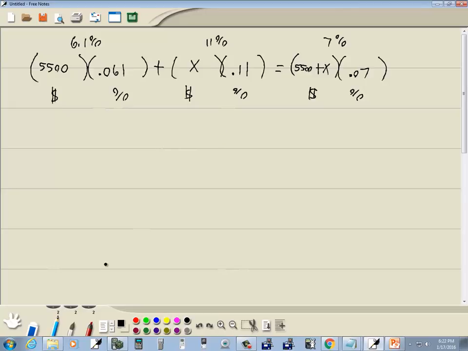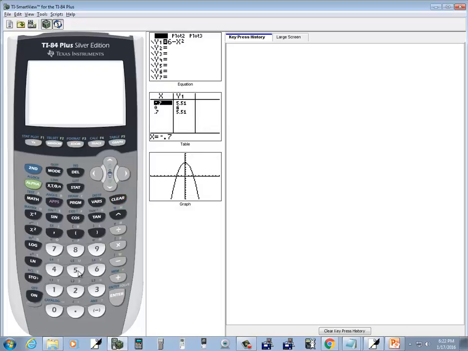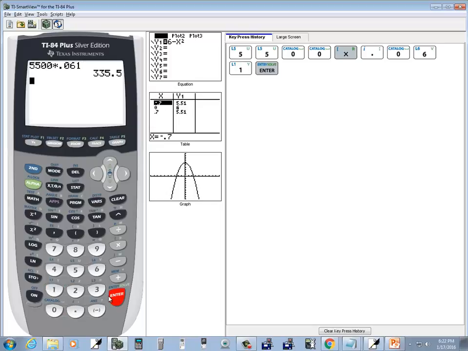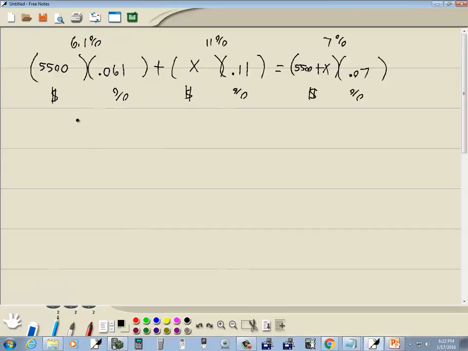Okay, so then I'll multiply these together. 5,500 times 0.061 gives us 335.5, plus X times 0.11 is 0.11X.